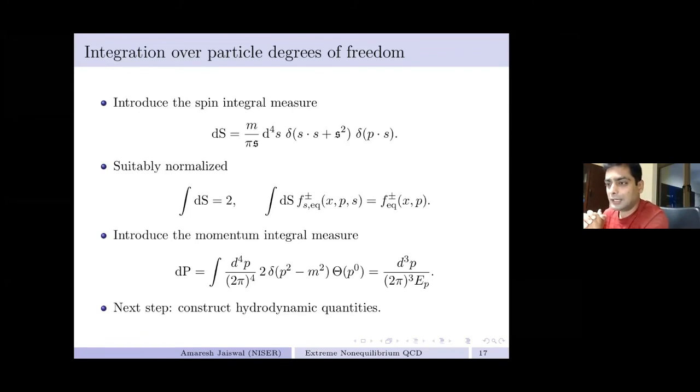The distribution function, in this case, we have to assume to be a continuous quantity. It's not like a spin density matrix. So we have made a classical treatment of spin in that sense. It's a semi-classical treatment.